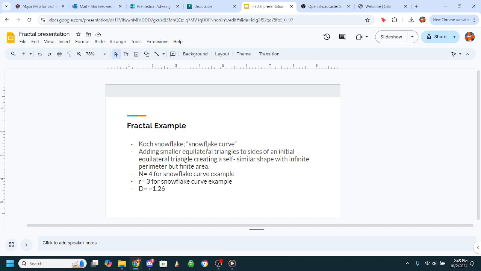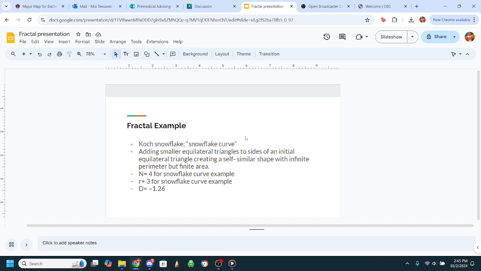The most popular fractal example that I'm sure you might be aware of is called the Koch snowflake or the snowflake curve. That is essentially when you take an equilateral triangle and continue to add smaller equilateral triangles on it to create an infinite shape.